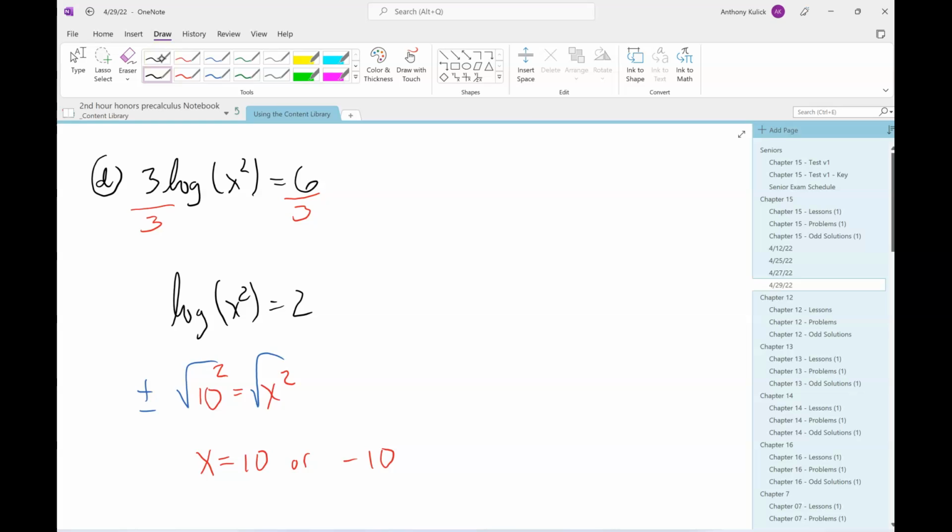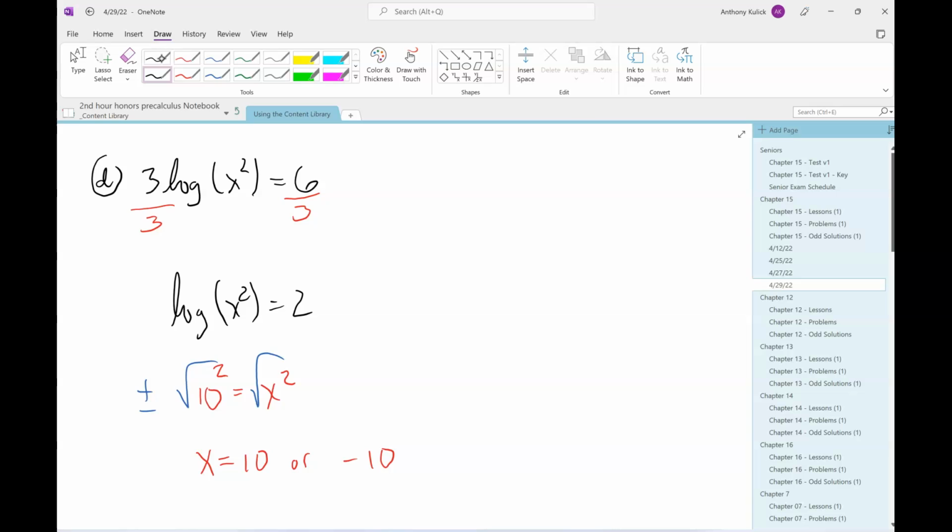Okay. Now, we're not done, because on all logarithmic equations, we can get an extraneous solution. So we do have to check these answers to make sure they actually satisfy the original equation. The check, though, is very easy.